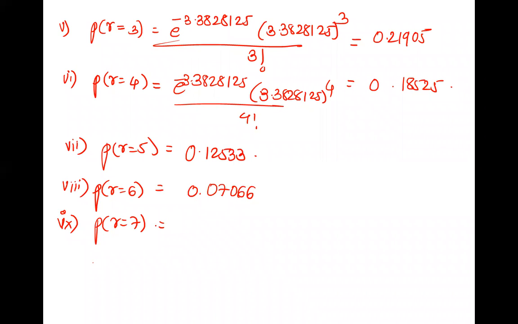Okay. Next 7. 0.034149. Good. So these are the probabilities. We'll need up to 7.